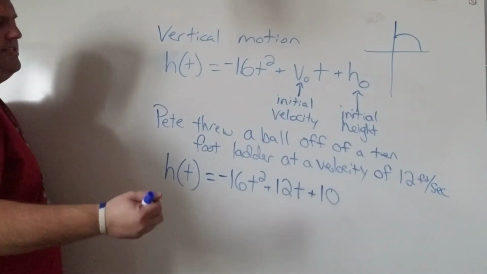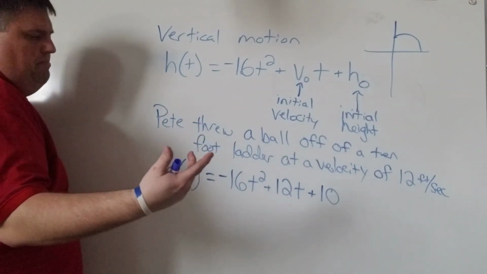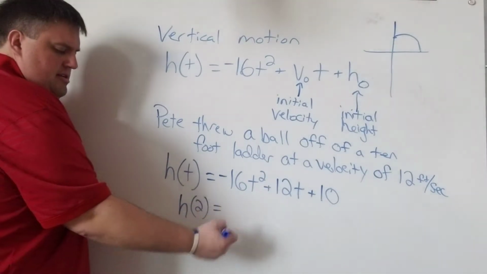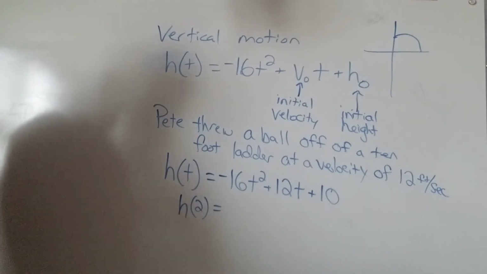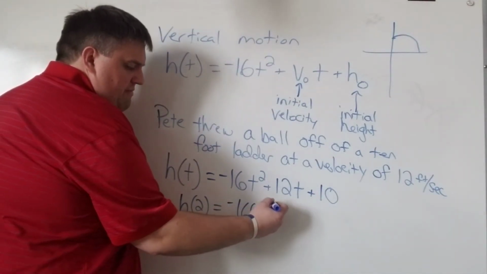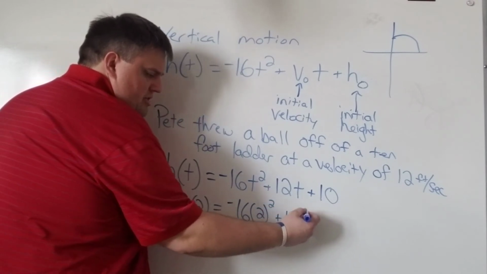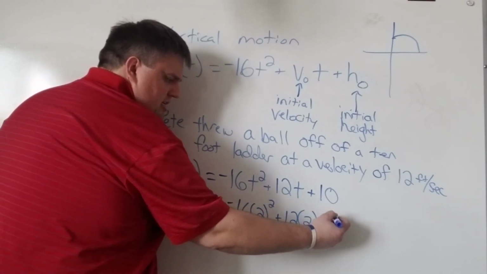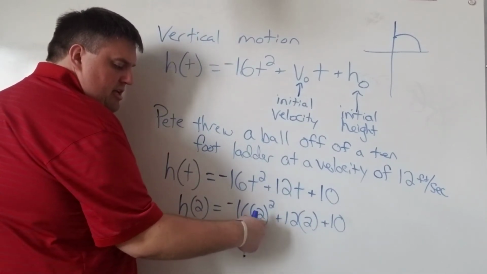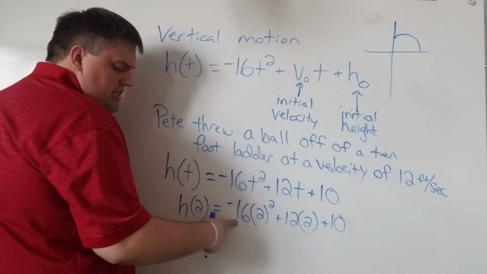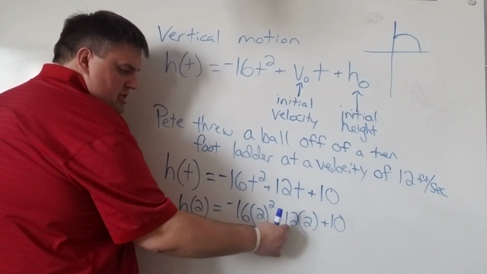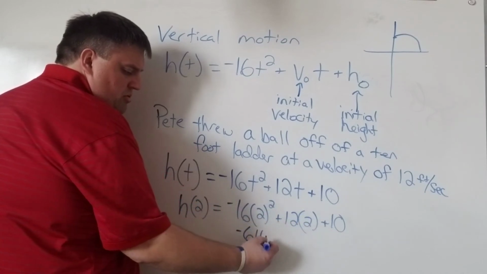Now we can say things like, how high is the ball after 2 seconds? So after 2 seconds, I can plug in 2 everywhere wherever I see a t, and I can figure out how high the ball actually is going to be. 2 squared is 4. 4 times negative 16 is negative 64. 12 times 2 is 24.